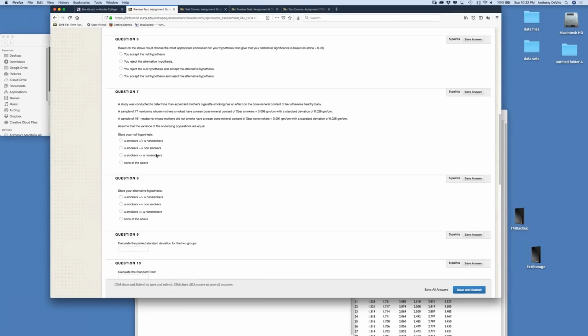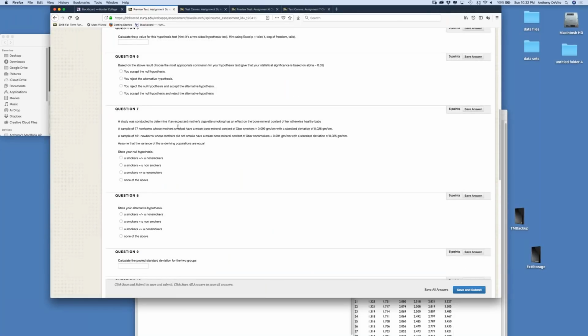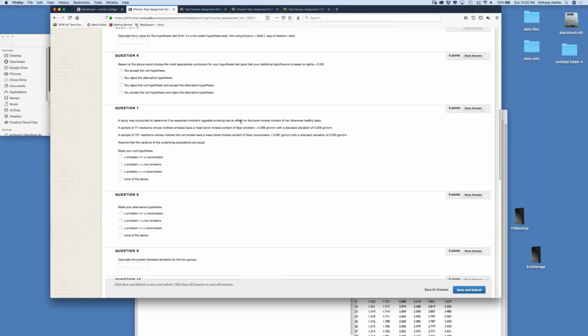Okay, 5b. A study was conducted to determine if expectant mothers' cigarette smoke has an effect on bone mineral content. A sample of 73 newborns whose mothers smoked have a mean bone mineral content of 0.99 with a standard deviation of 0.026.